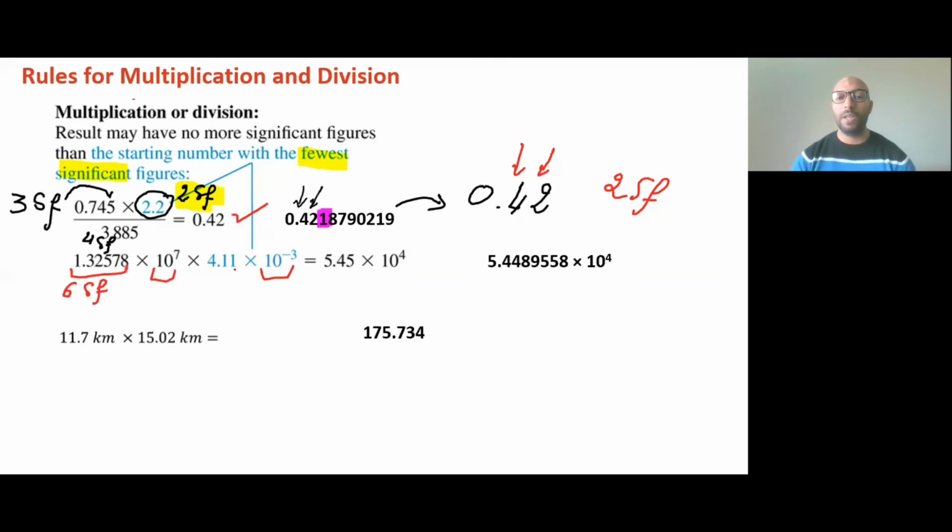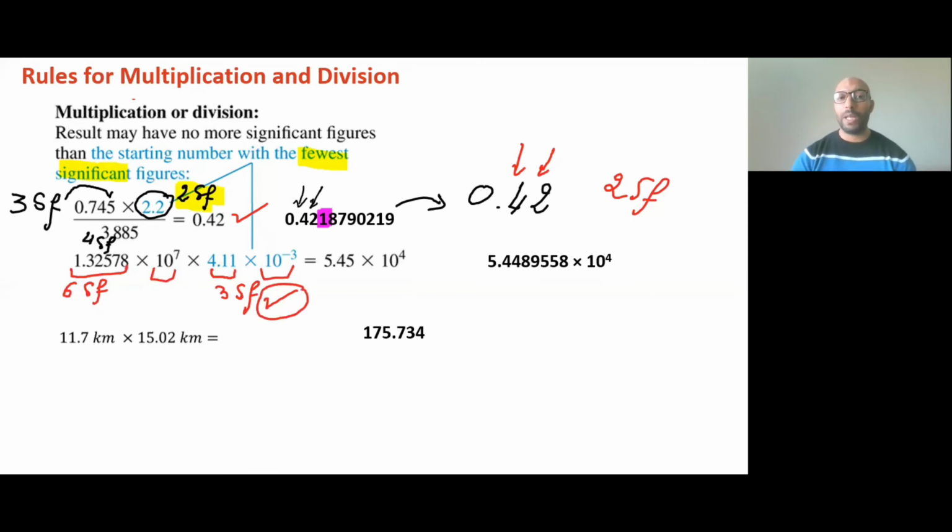How many significant figures in this number? We have 3 non-zero digits, so 3 significant figures. So the result must contain 6 or 3 significant figures? Of course, 3, because the result may have no more significant figures than the starting number with the fewest significant figures. So here we will choose 3 significant figures.